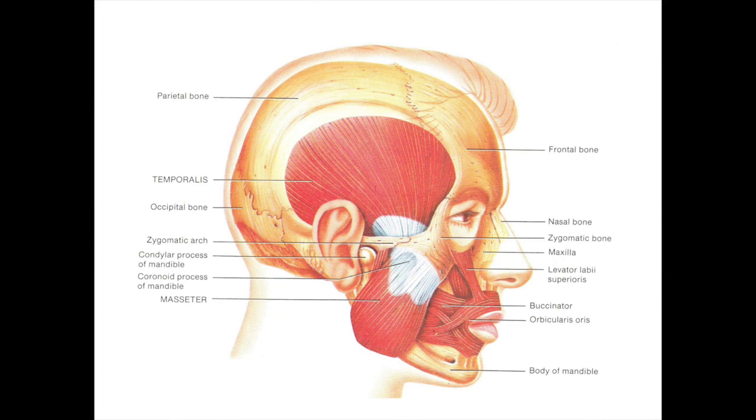This is really important. It is a thick bellied muscle. It will connect with the maxilla and the zygoma, specifically the arch there, the thick bottom edge, tubercle of the zygomatic bone.